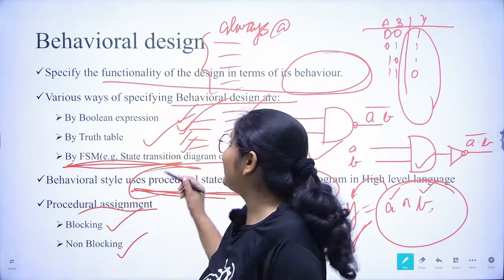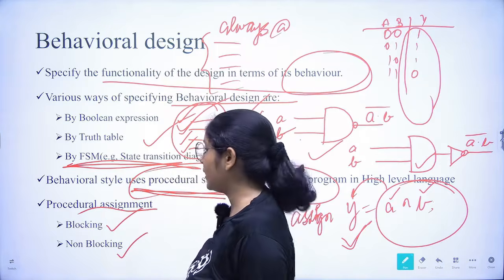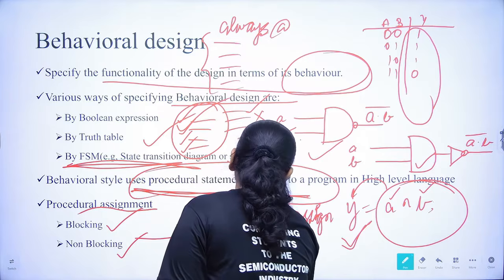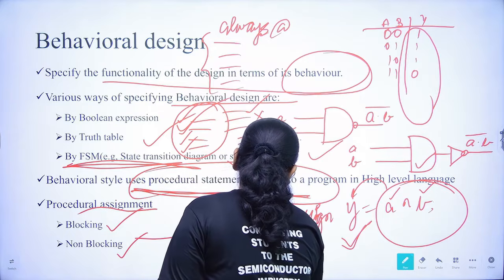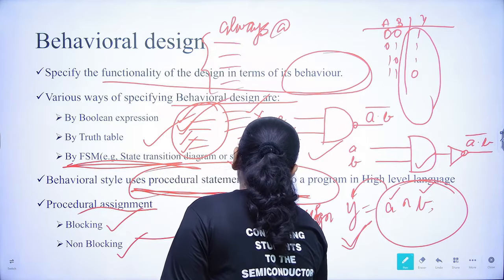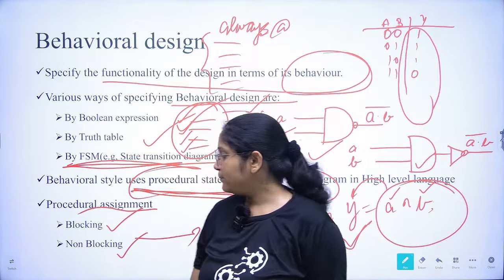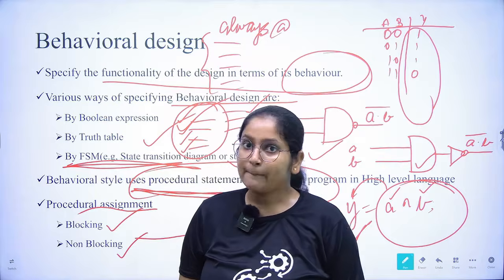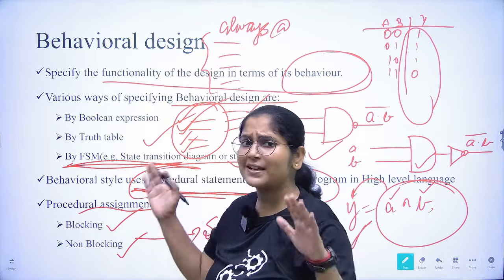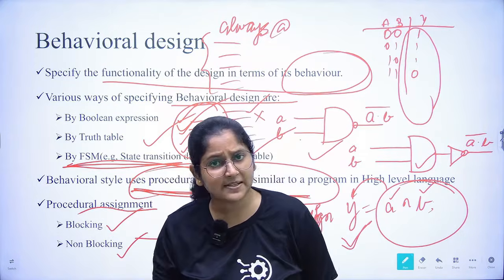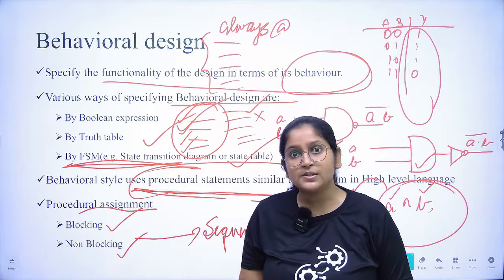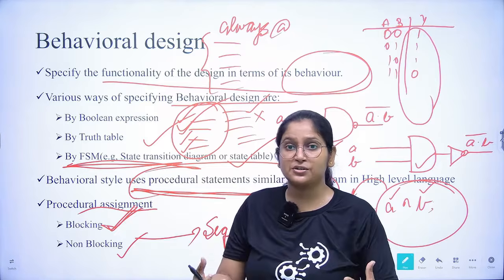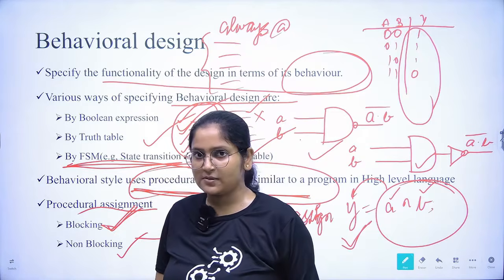You will see this advantage of non-blocking in sequential circuits, and blocking you will mostly see in combinational circuits. It's not that you cannot use blocking statements in sequential; of course you can, but it comes into consideration mainly in combinational circuits.